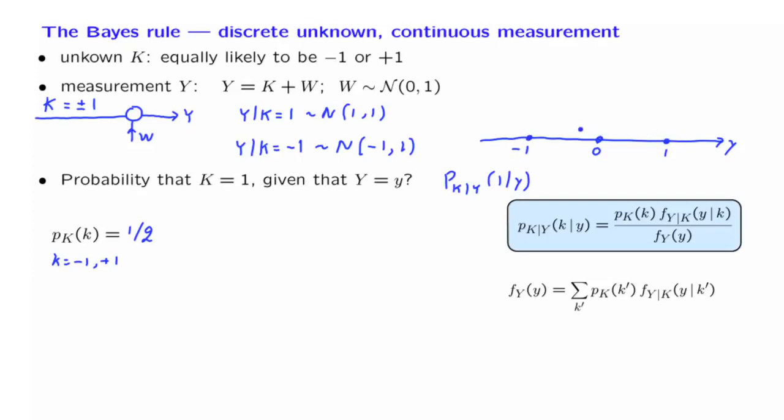And if k is equal to 1, then we will obtain a normal that has a mean of 1, so it's centered here. But if k is equal to minus 1, then our observation will be a normal with unit variance, but centered at minus 1.